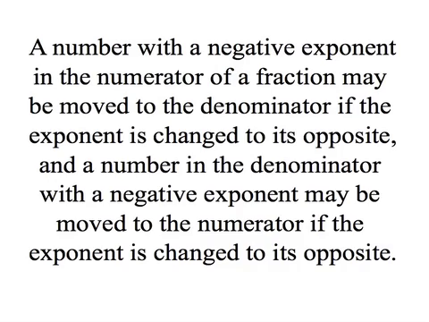A number with a negative exponent in the numerator of a fraction may be moved to the denominator if the exponent is changed to its opposite. And a number in the denominator with a negative exponent may be moved to the numerator if the exponent is changed to its opposite. This is all true because of what we know about reciprocals.